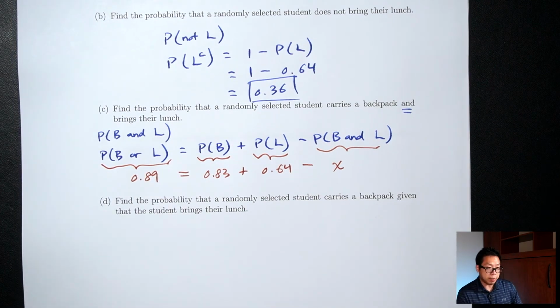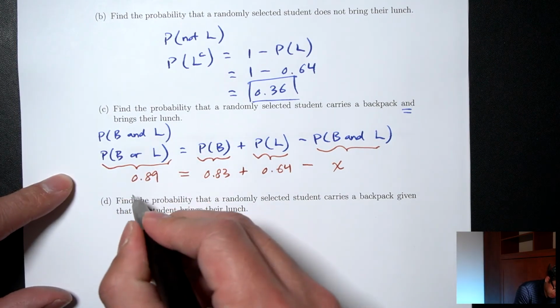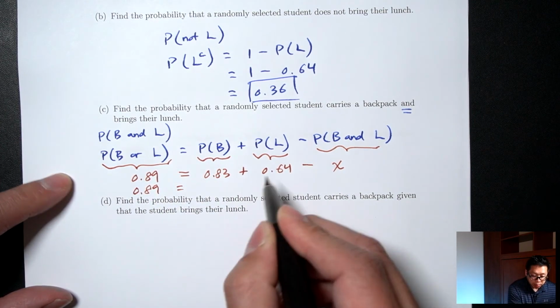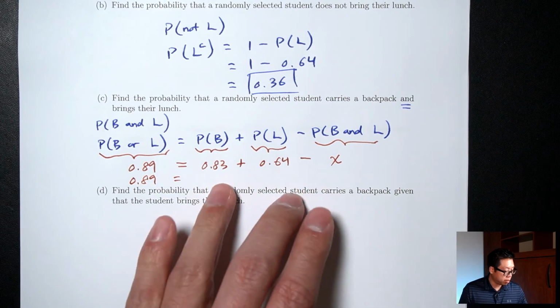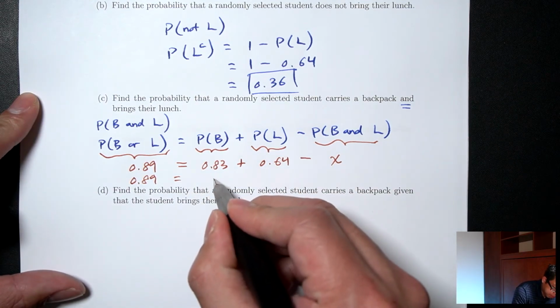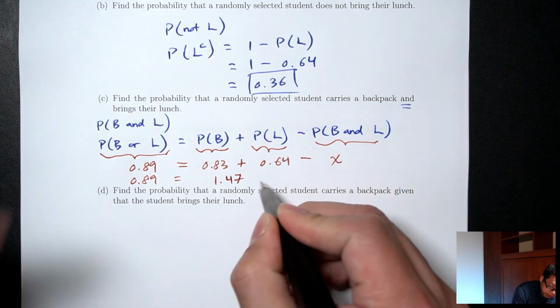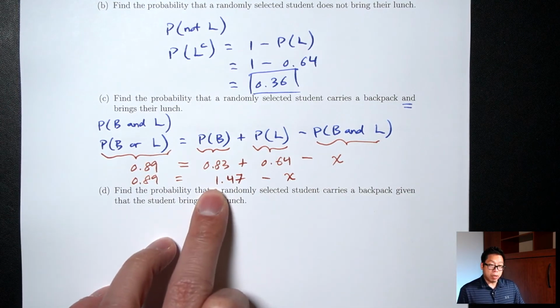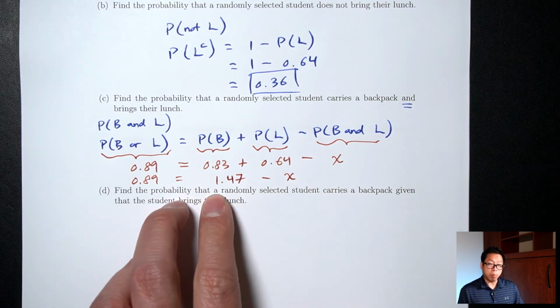Left side, 0.89. Right side, I can combine those. So 0.83 plus 0.64 is 1.47. And then I have this minus X. To get the X by itself, I need to get rid of this 1.47.